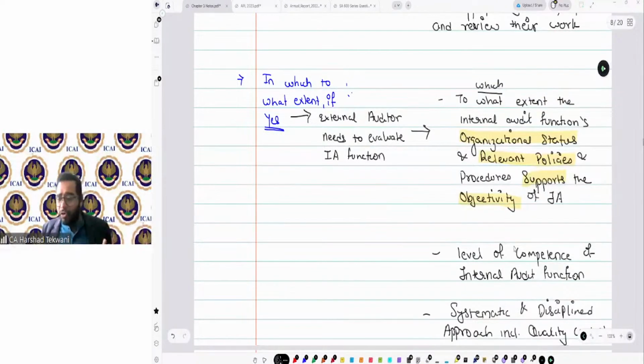If we say yes, then to what extent and in which areas, we need to understand. But yes or no is the first stage that we have covered.